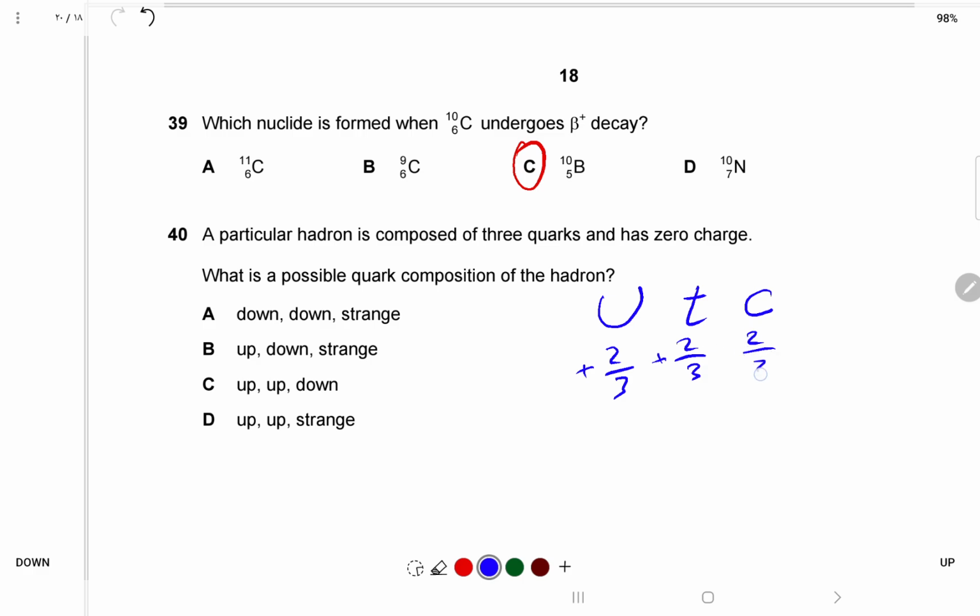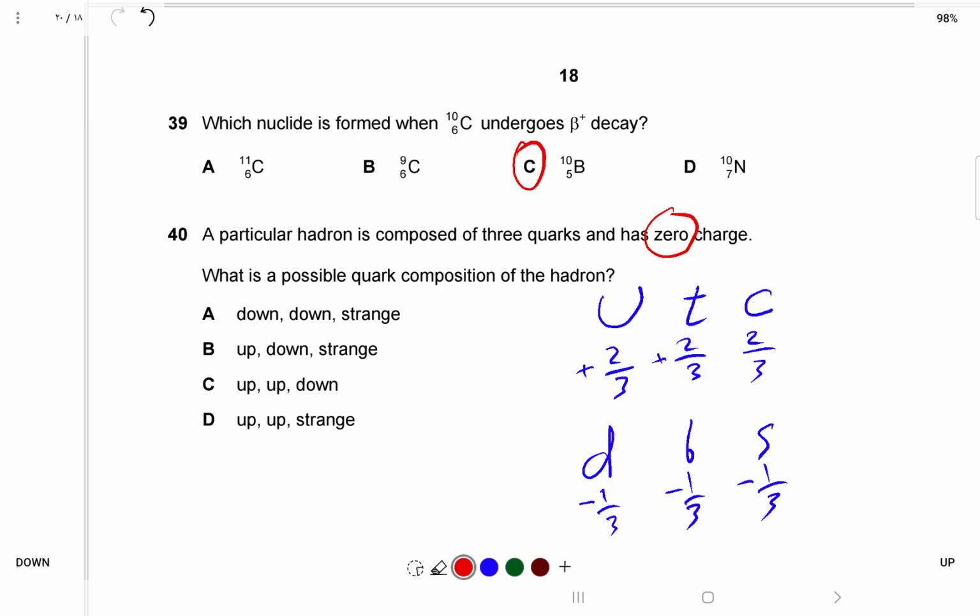Then you have down, bottom, and strange, and these are minus 1/3, all of them. So memorize these charges. Now to get 0 as required here, which option will give us 0?